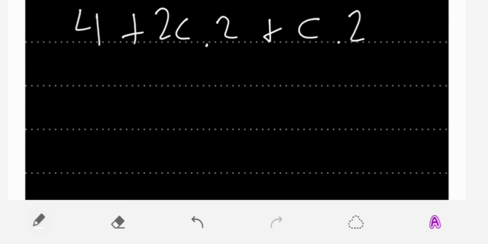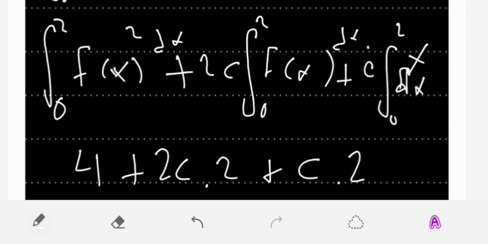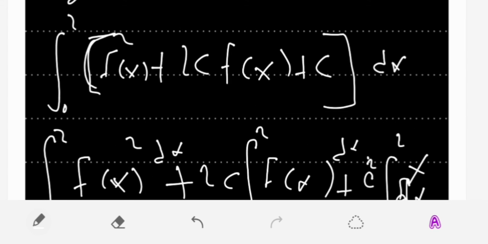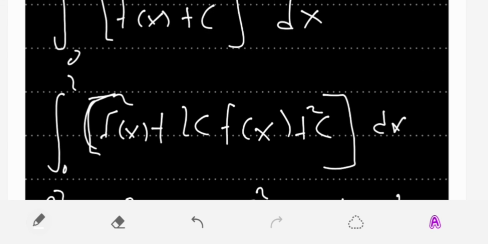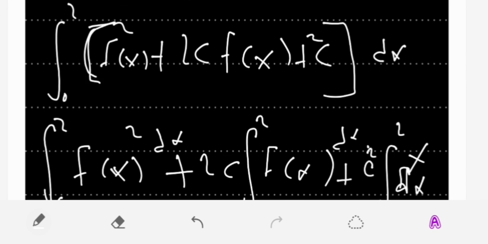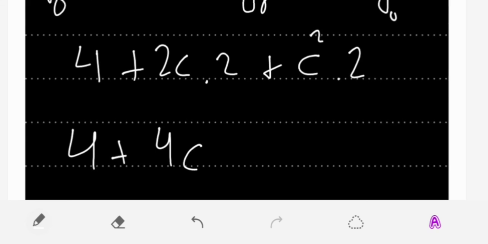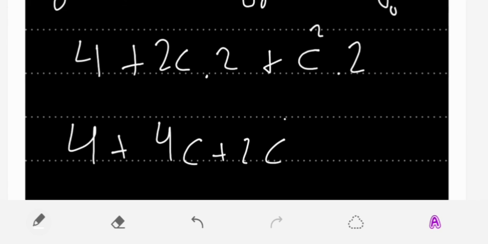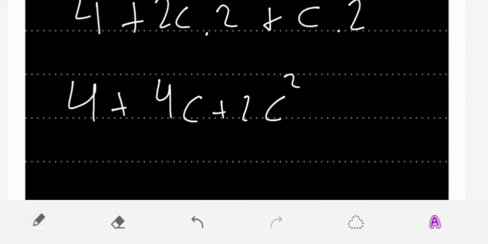So our answer is going to be 4 plus 4c. Here, this c is squared, I forgot. So plus 2c squared.